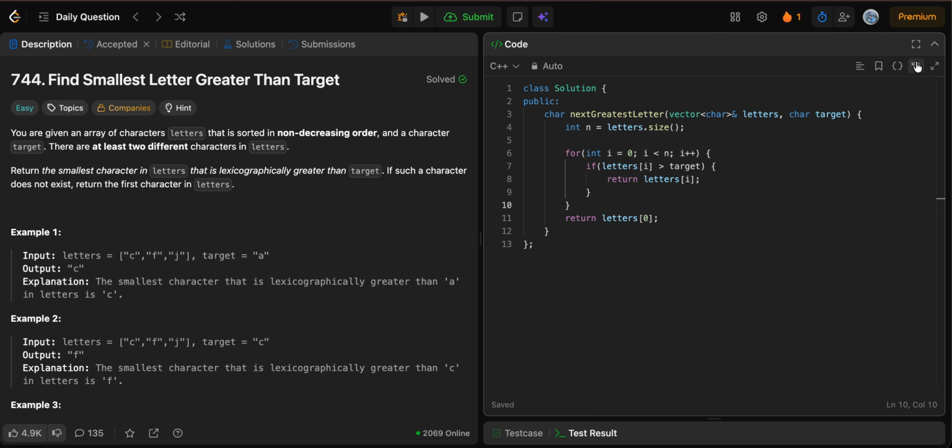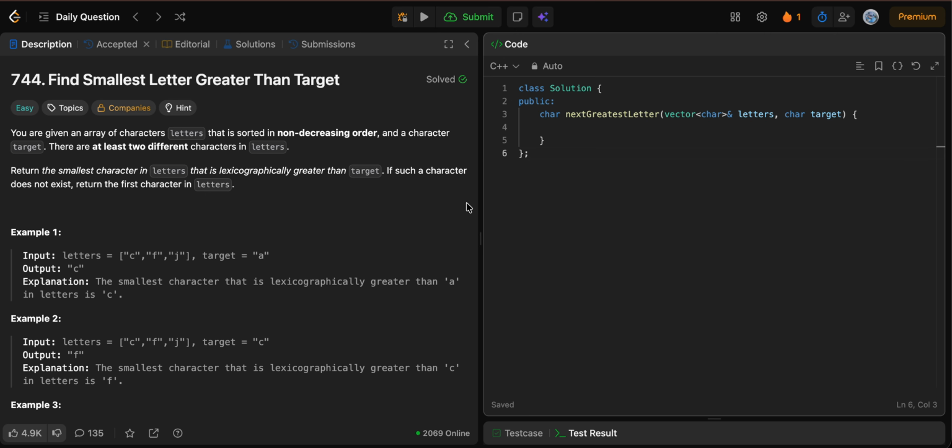Now we solve the second approach, the binary search approach. How can we solve it with binary search? That is very simple. Suppose we have the characters c, f, and j, right? There are three elements, and our target is equal to a.